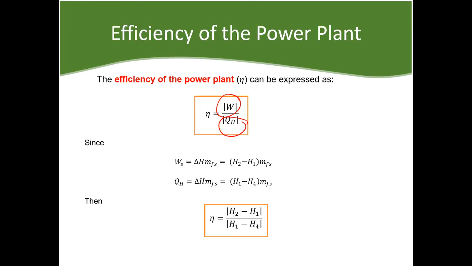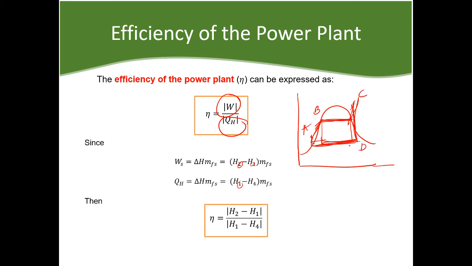Okay, so it depends sa label mo, hindi necessarily H2, H1, yan, basta kung anong nilabel mo dito, pwedeng A, B, C, D, ganon, halimbawa, nilabel ko dito, A, B, C, D, E. So, yung work ko is H_D minus H_C.